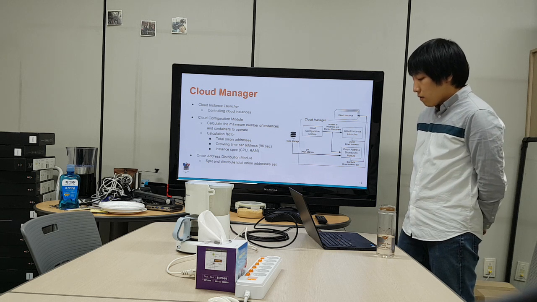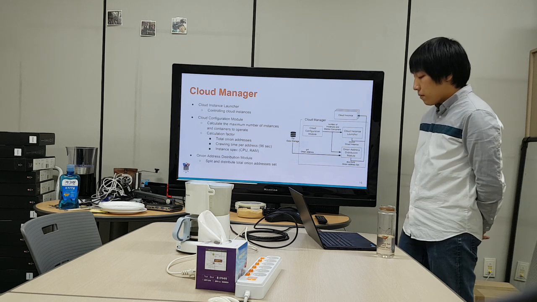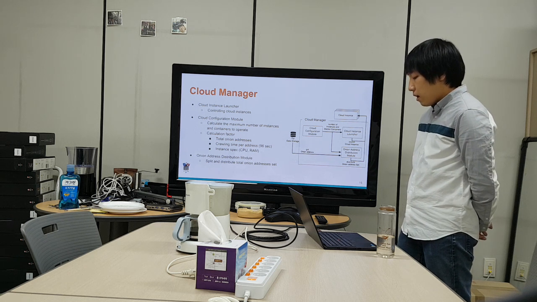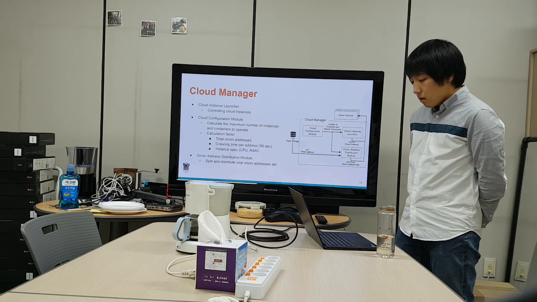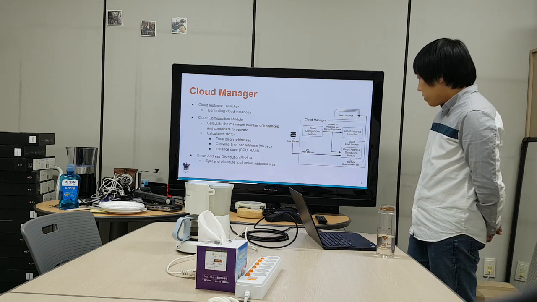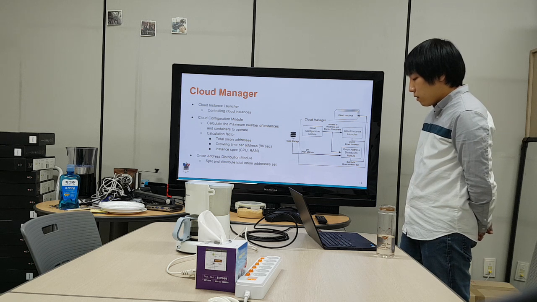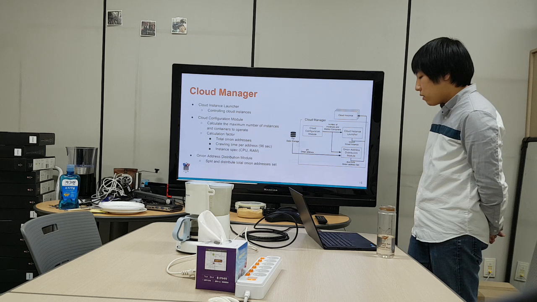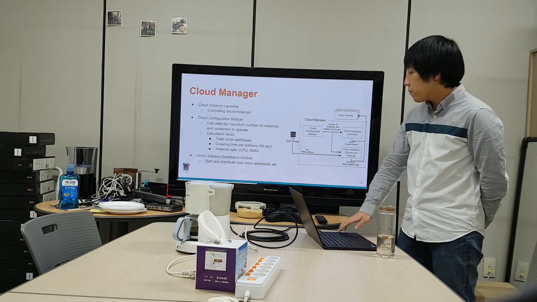The calculation considers the total onion addresses, the crawling time per address, and the instance spec. The onion address distribution module divides the total set of onion addresses and distributes them to each instance and container.